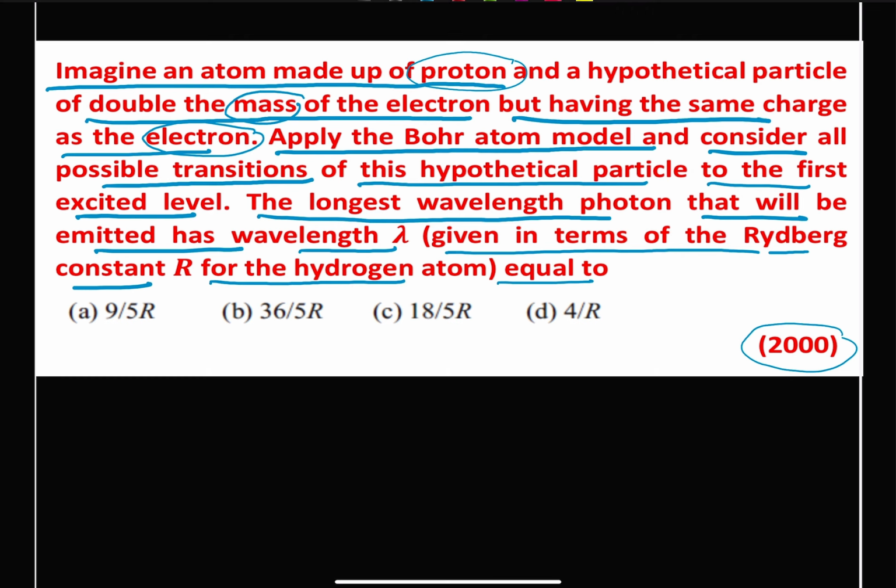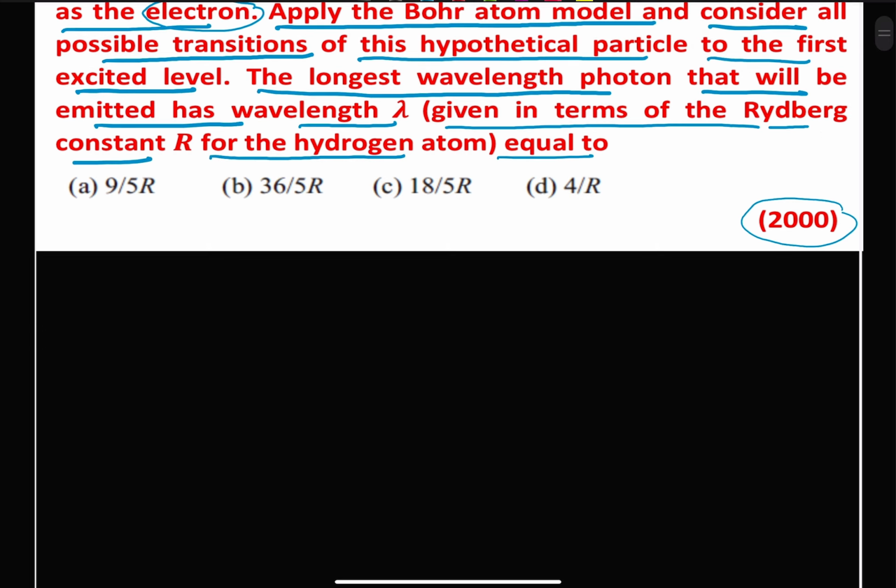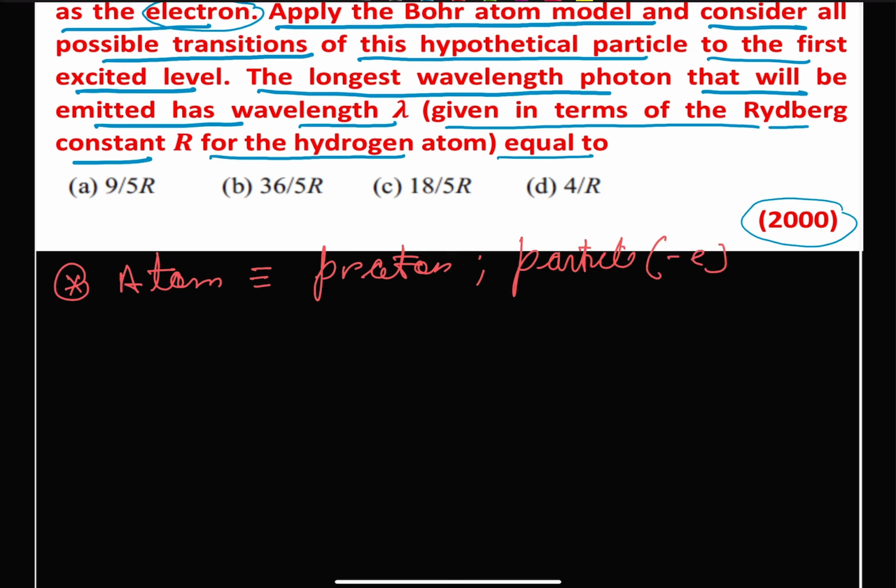So it means our atom will be consisting of two particles. One is of a proton and second one is a particle which is having a negative charge that is equivalent to the electron.